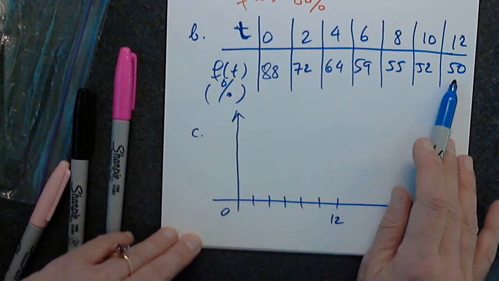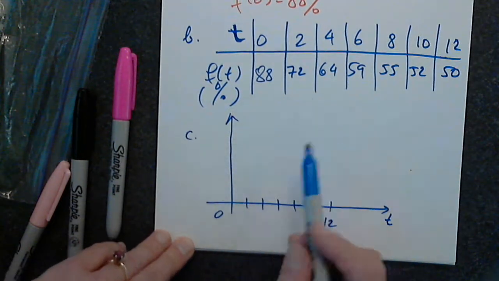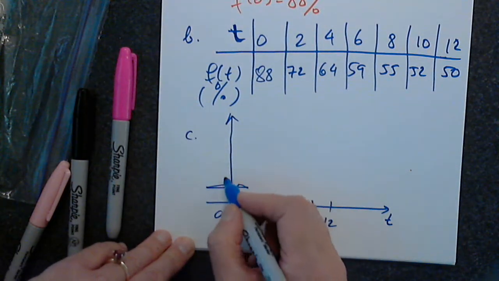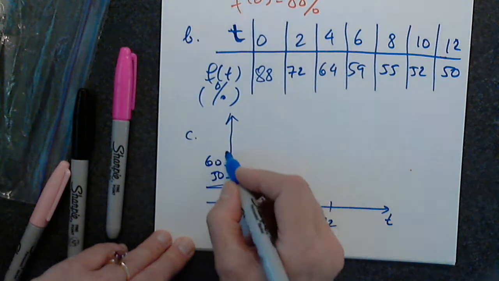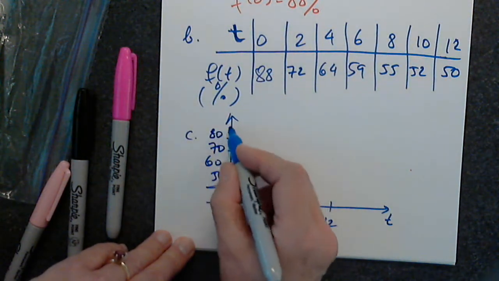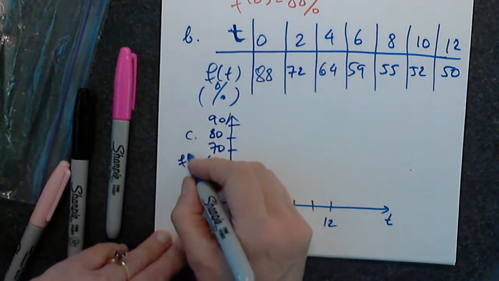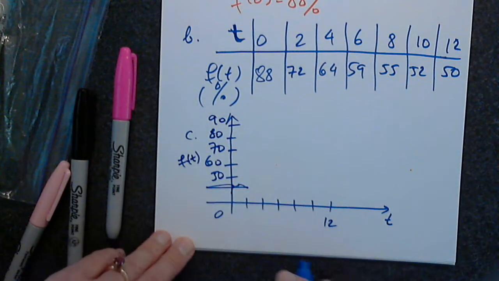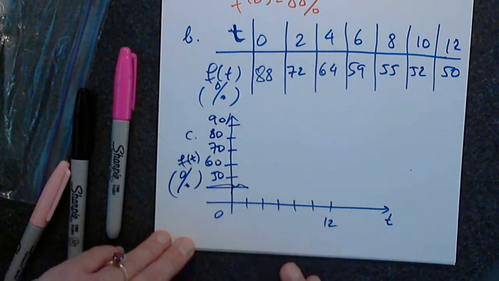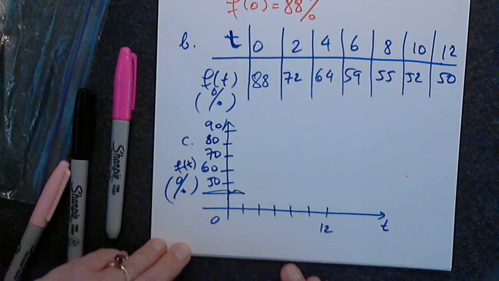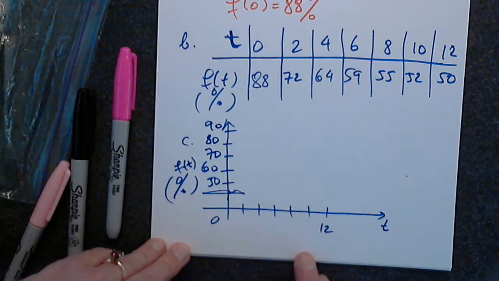But f of t goes from 50 to 90. So I'm going to put a break in here and say this is 50, 60, 70, 80, and 90. And this is f of t in percent. Wait, we need all 12? I thought we went to the. Oh, never mind. Different problem. That's okay.